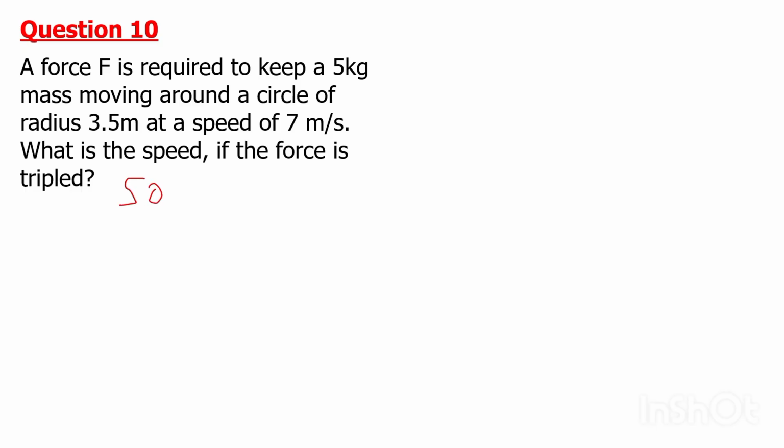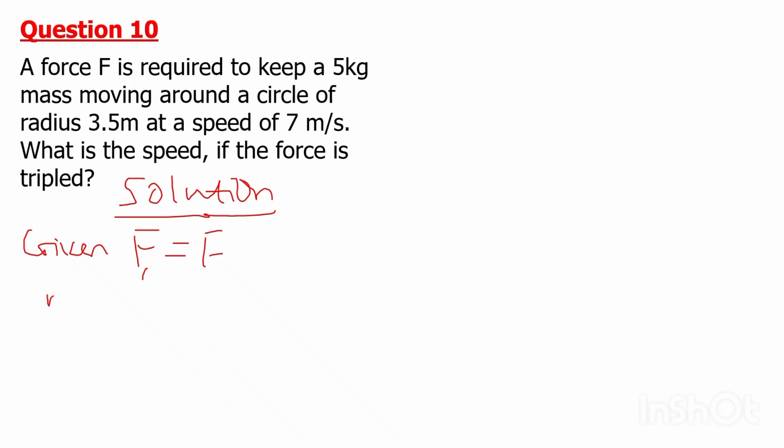Solution. Let's write out everything. Given the first force, F1 is F. The mass M is 5 kg. The radius R is 3.5 meters. The velocity V for the first force is 7 meters per second.